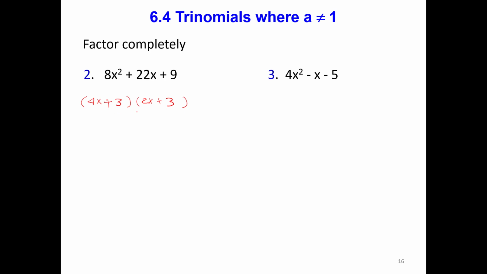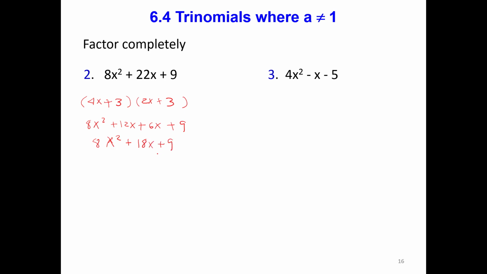Then 4 times 2 is 8x squared. 4x times 2x. 4 times 3 is 12x. 3 times 2x is 6x. 3 times 3 is 9. Then what we had here is 8x squared plus 18x plus 9.